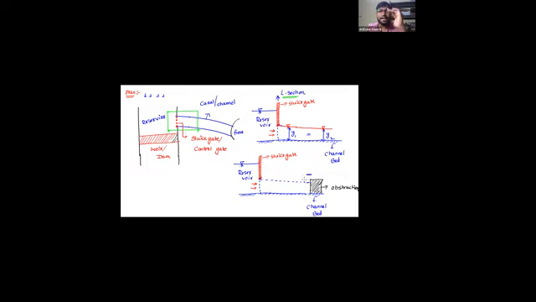Means velocity head will decrease and potential head is going to increase. Velocity decreases and water level rises. Once the water level rises, this disturbance will travel towards the upstream, and this is going to be the water level.